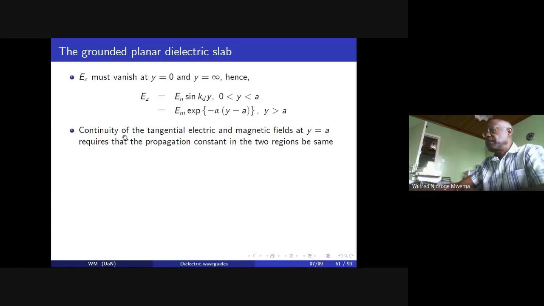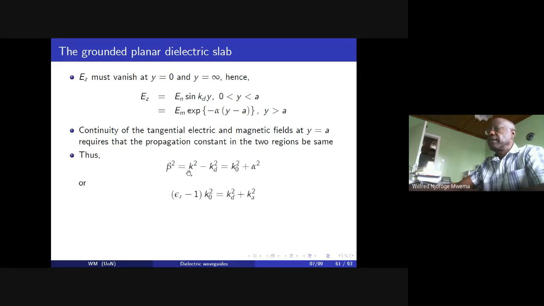And the continuity of the tangential electric and magnetic fields at y equal to a will then require that the propagation constants in the two regions be exactly the same. And this, you recall, is what we call phase matching of the two waves in the two regions.